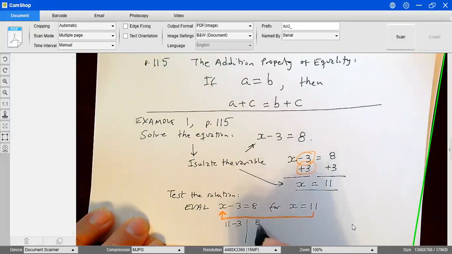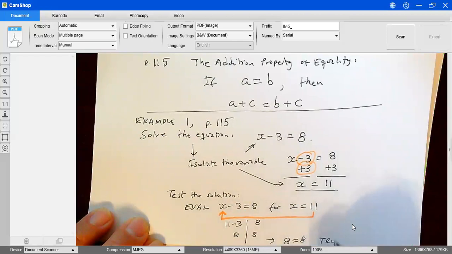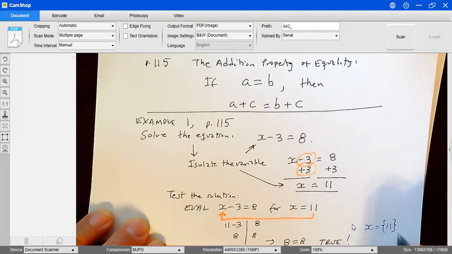So I have 8 on the right-hand side. So 11 minus 3 is going to be 8, and we have 8. So these are the same. We are saying that 8 equals 8, and this is a true statement. So that means that x equals 11 is the solution.